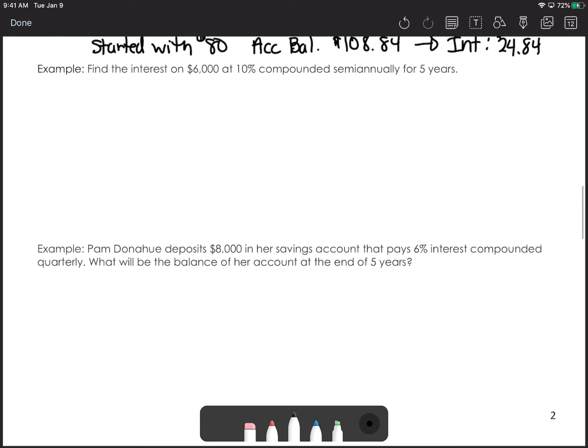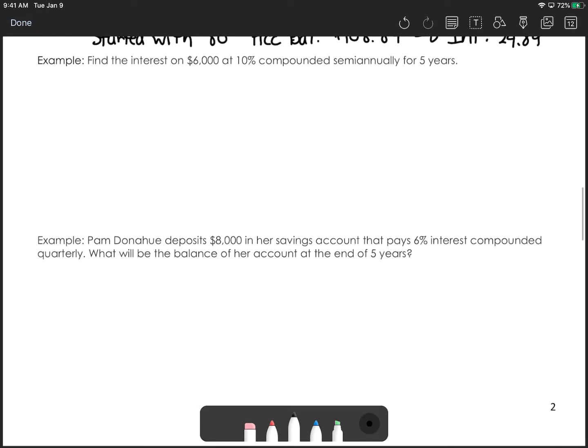Now let's do some more examples to practice this. It says find the interest on $6,000 at 10% compounded semi-annually for 5 years. So the two things that we absolutely have to know is the rate per period, and we need to know the number of periods. And this is how we're going to look it up on our table.